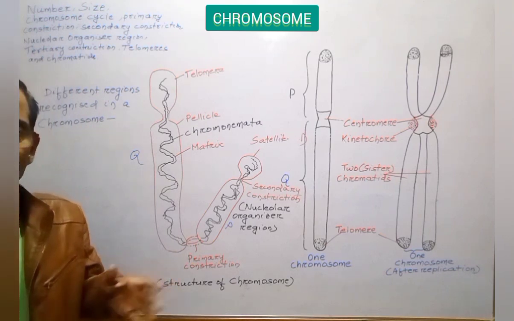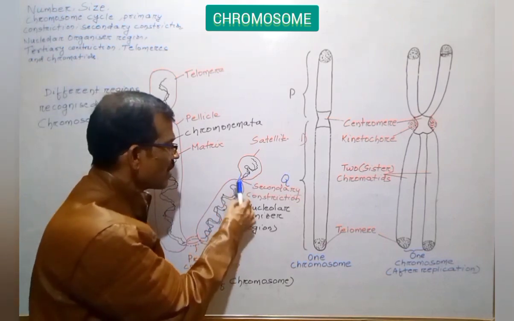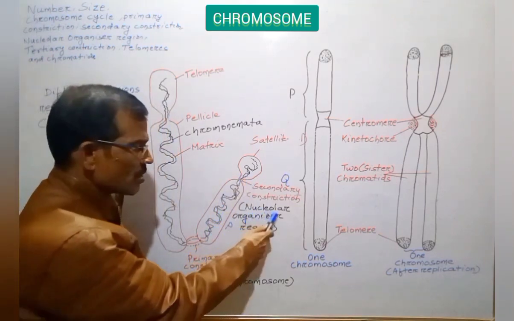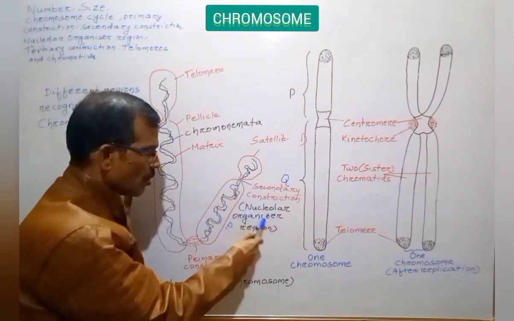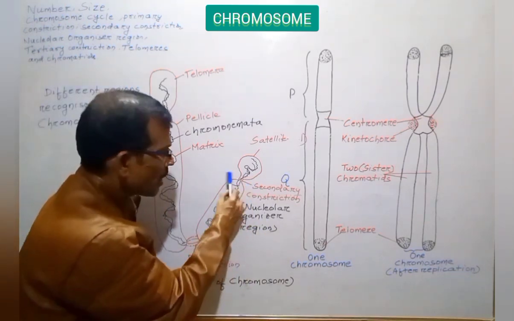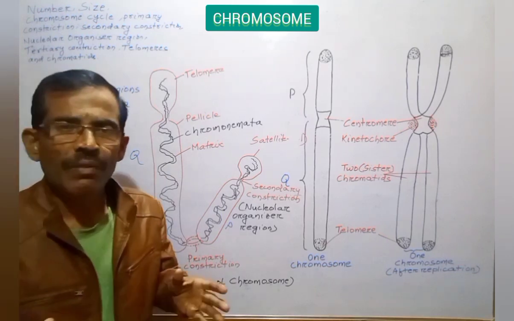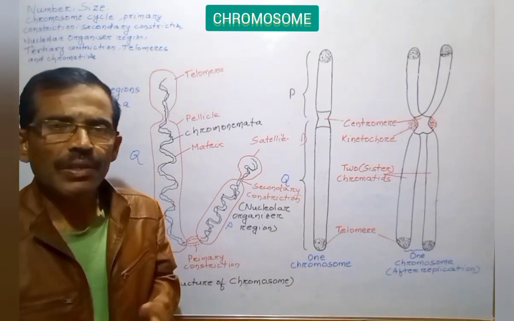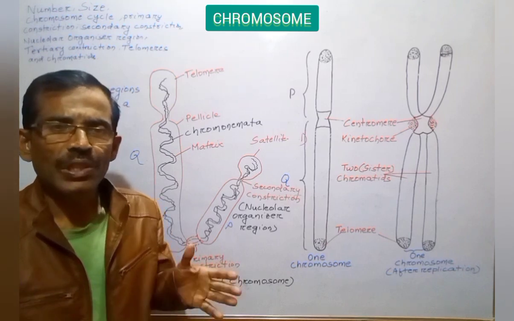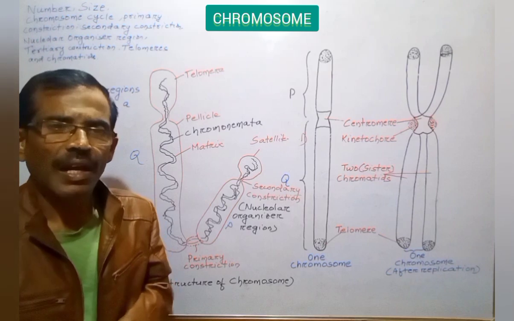In addition to primary constriction, many chromosomes have secondary constriction, which is also known as nucleolar organizer region. This region remains associated with the nucleolus during interphase. Secondary constriction contains the genes for 18S and 28S RNA.